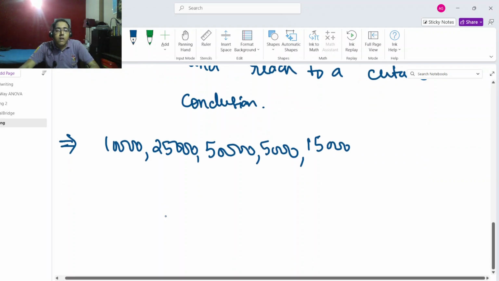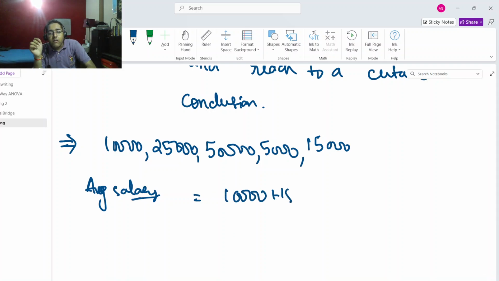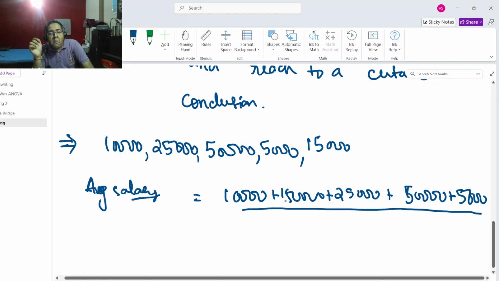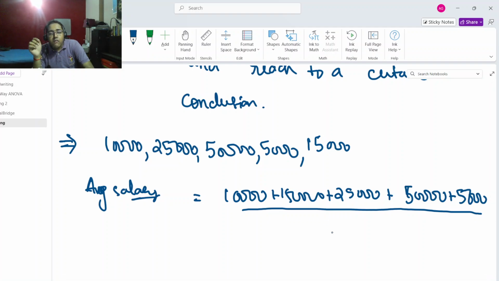If I want to establish some information, I can tell you how much the average salary of employees is. We'll take out the mean. So 10 plus 15 plus 25 plus 50 plus 5. How much would this amount to? 15 and 25 would be 40, and 50 makes 90, plus 5 is 1 lakh 5,000.